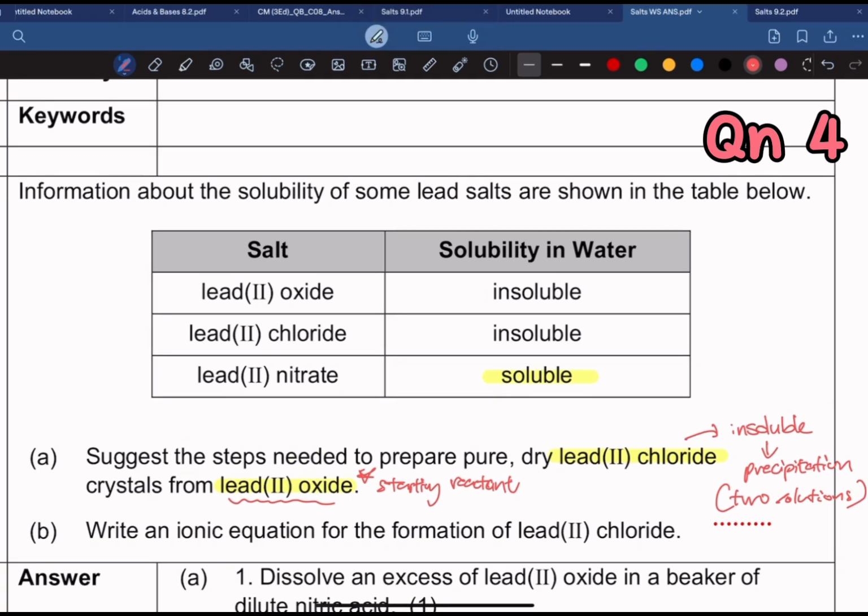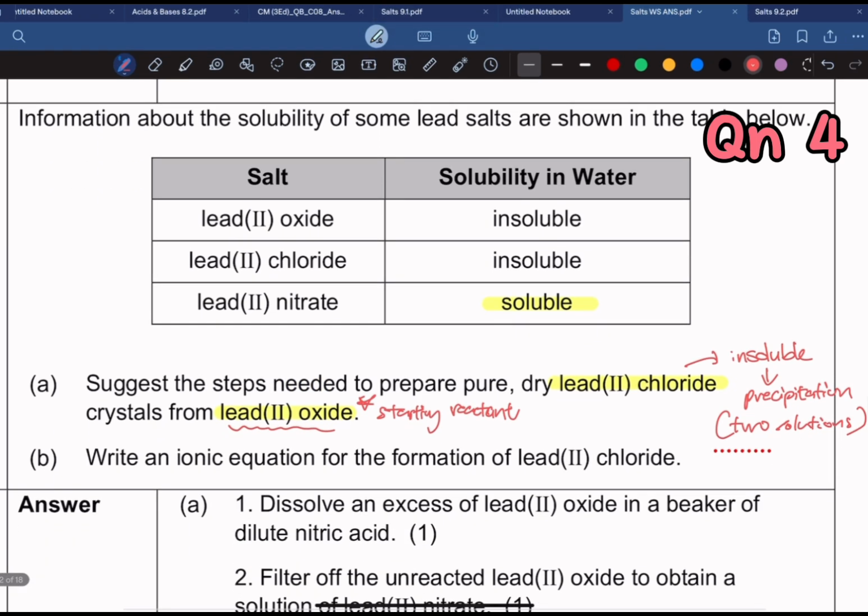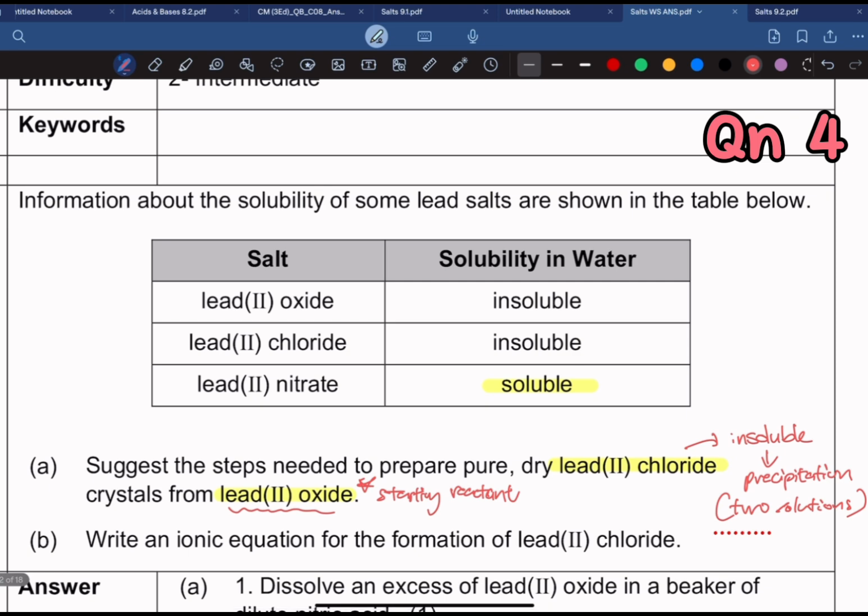Okay, so here, when we have an insoluble salt being formed, we need to use an insoluble starting reactant. So I don't know whether you realize that here, these two don't match anymore, right? We need to use two solutions to form lead(II) chloride, but we are given one insoluble starting reactant.